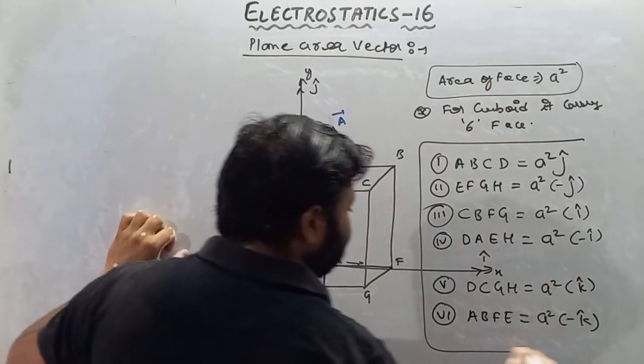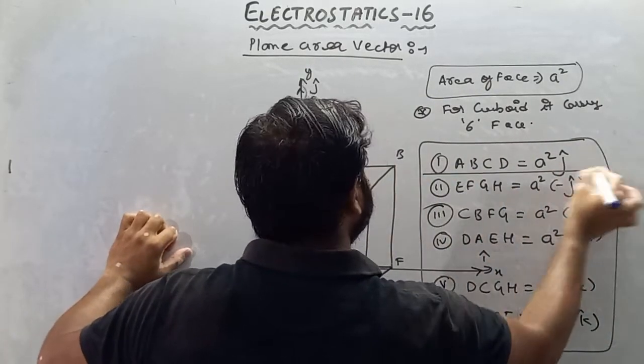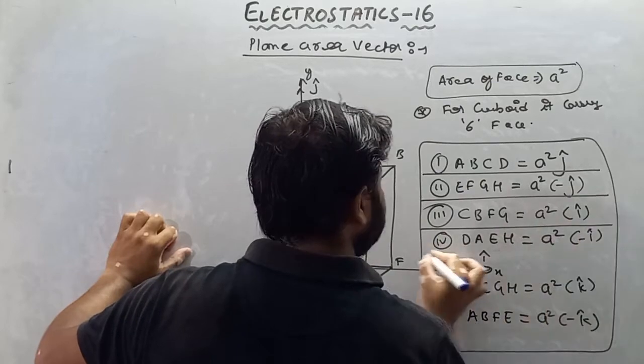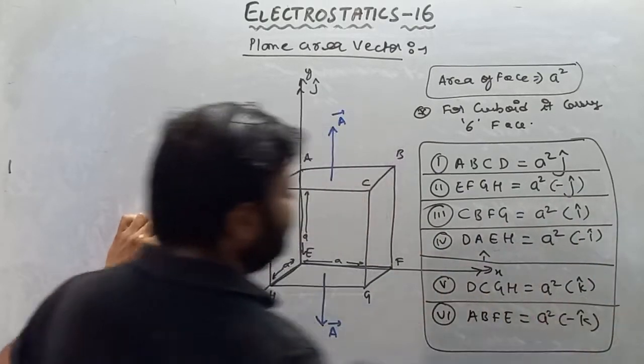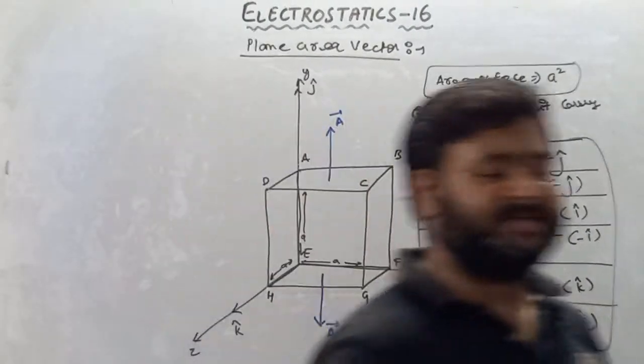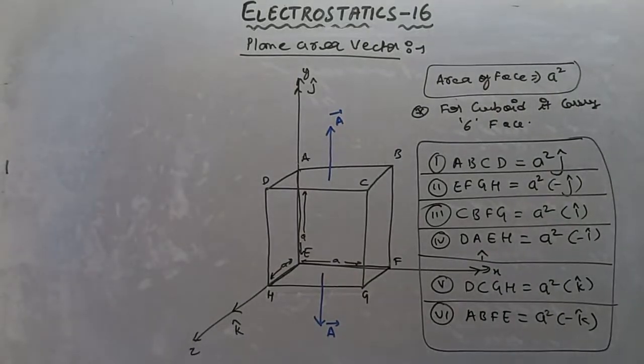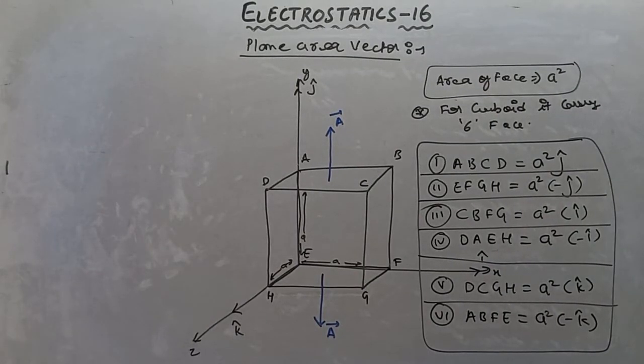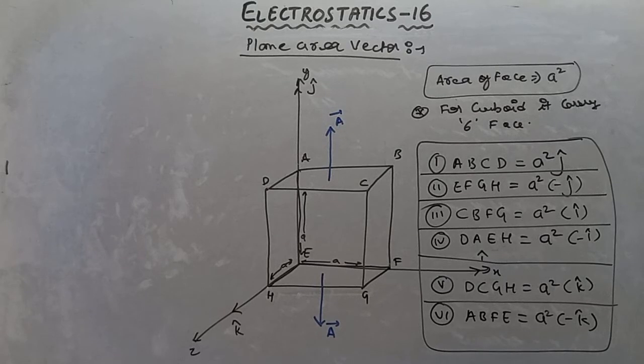So this is the process of how we make the area vector of any plane area. I hope you all are understanding. Remember, my dear student, for any plane area, the area vector is always towards the observer and perpendicular to the area.